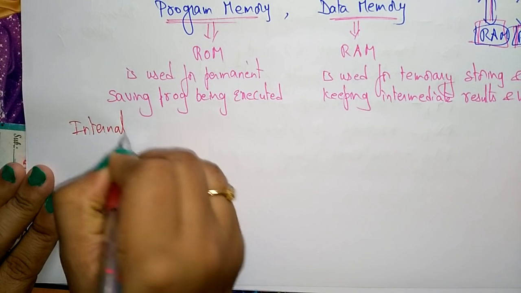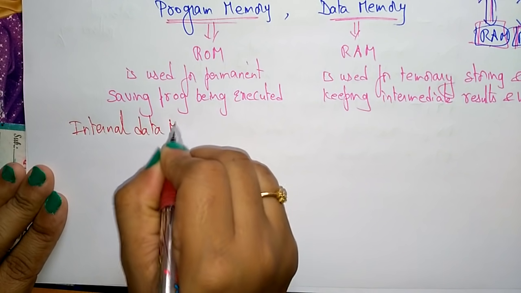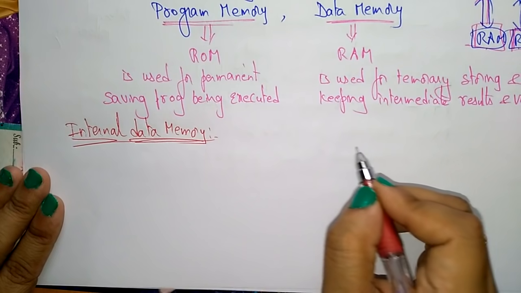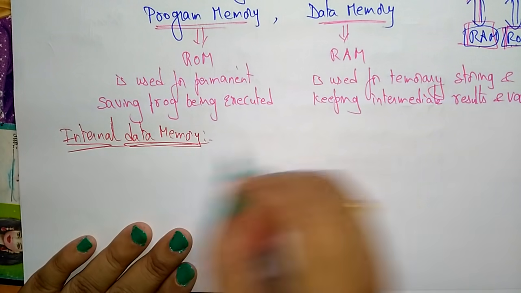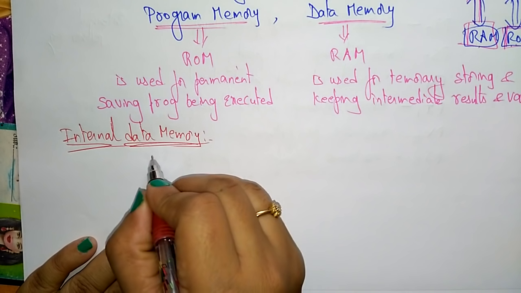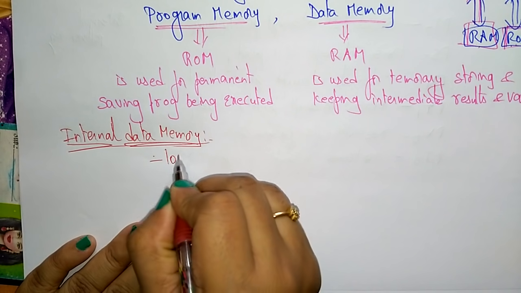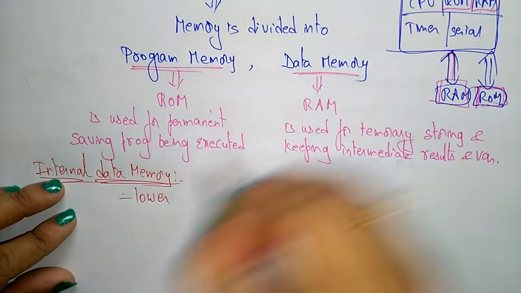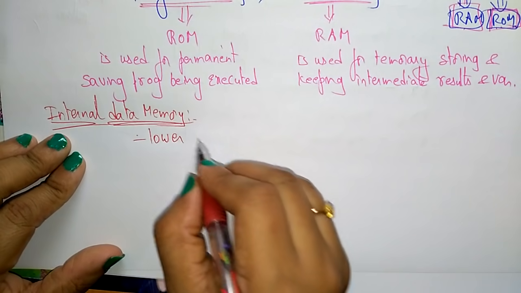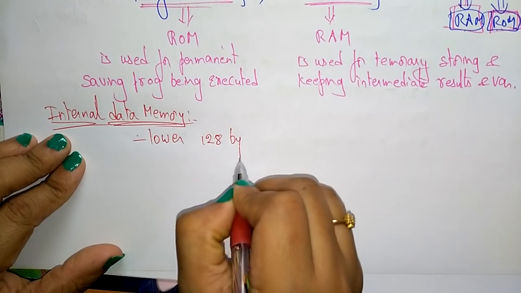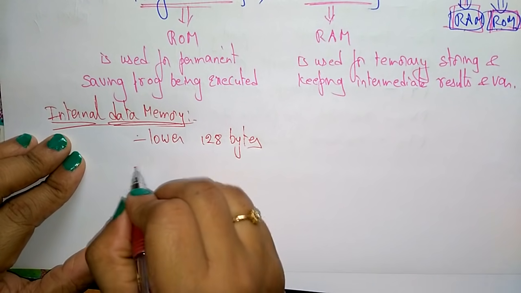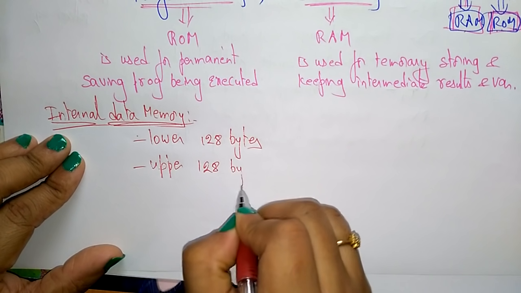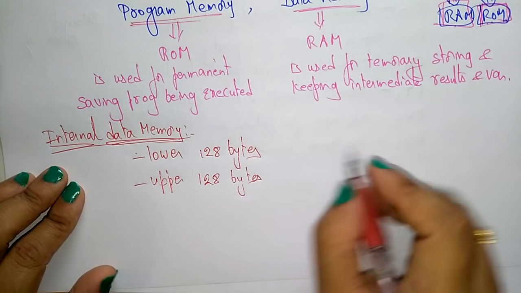Internal data memory. So internal data memory contains all processor states. That internal RAM will be divided into lower 128 bytes and upper 128 bytes. Lower and upper 128 bytes.